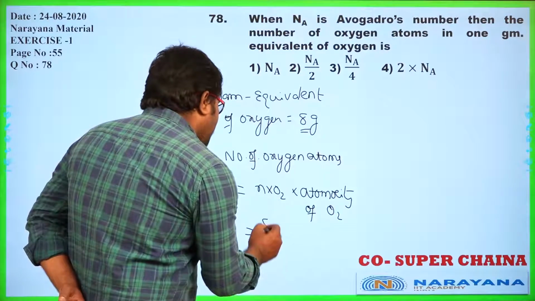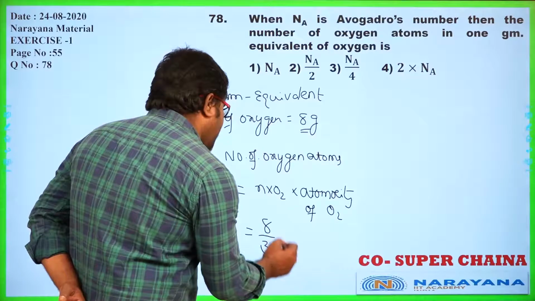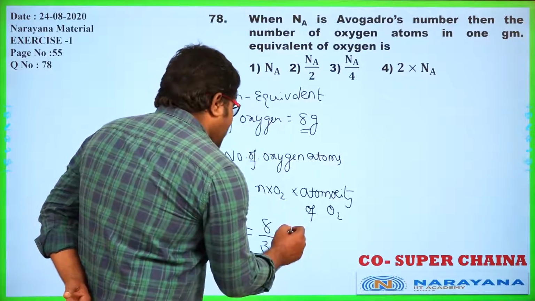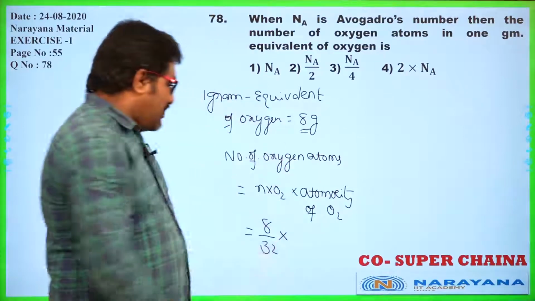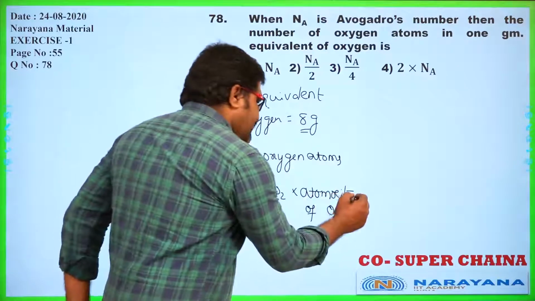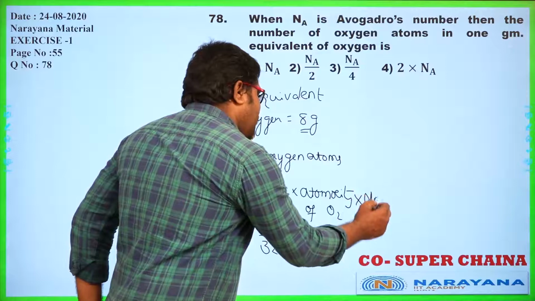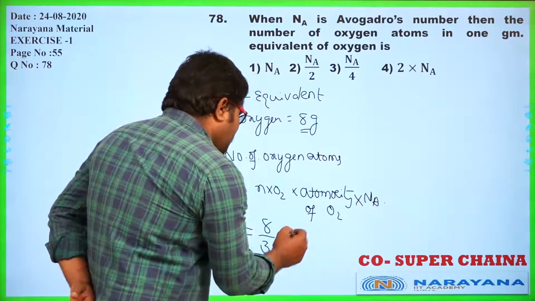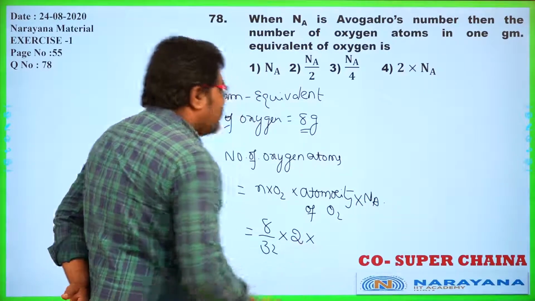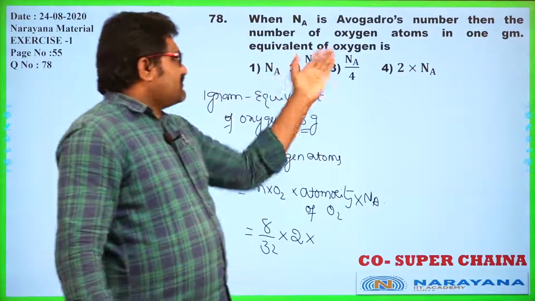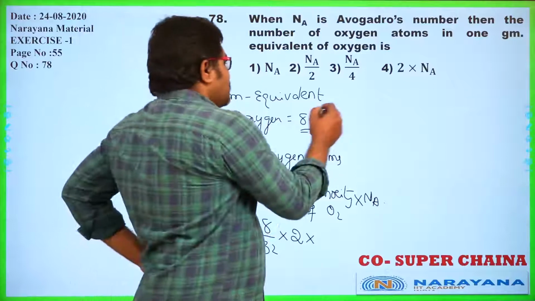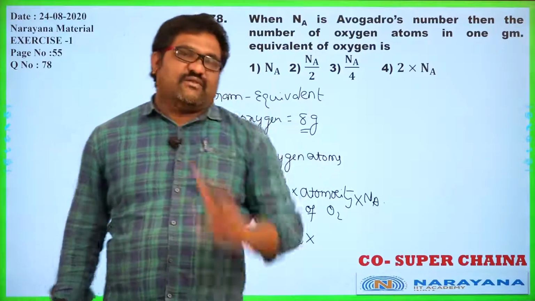Given weight by gram molecular weight 32, into atomicity, into Avogadro number. Atomicity of oxygen O2 is 2, we have 2 atoms in 1 mole of oxygen.